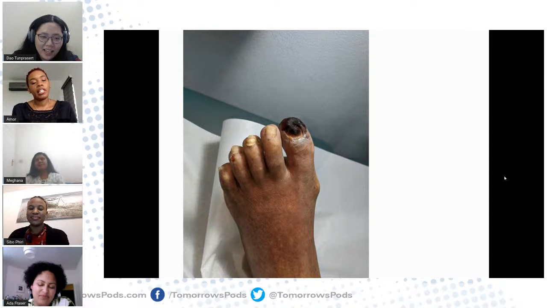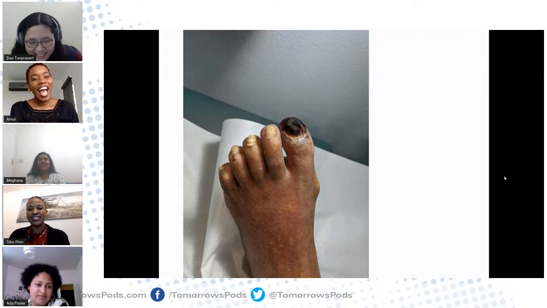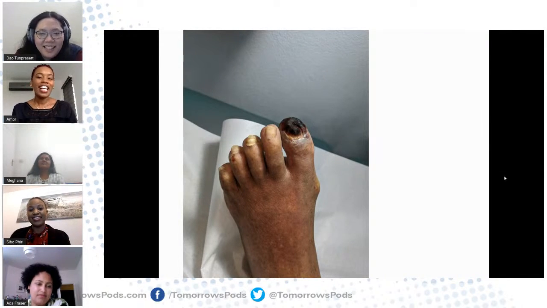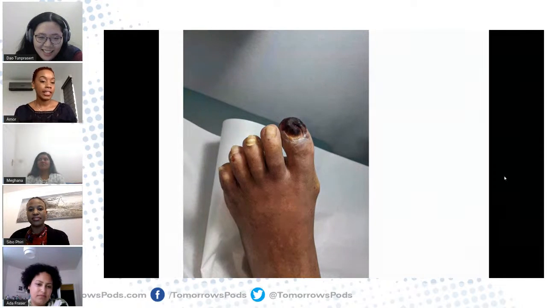So she came in because she was concerned that her toe was going a little dark at the tip, and then you have to try to explain it's not going a little dark, that's actually dead tissue there. So I threw this one in just to show that although the skin is dark, some things are very obvious still.